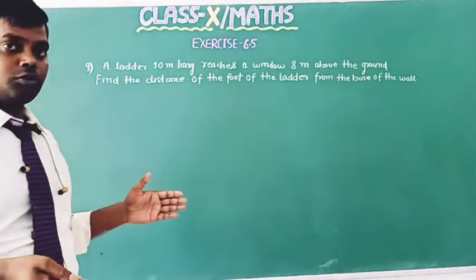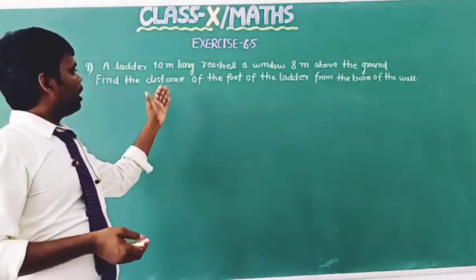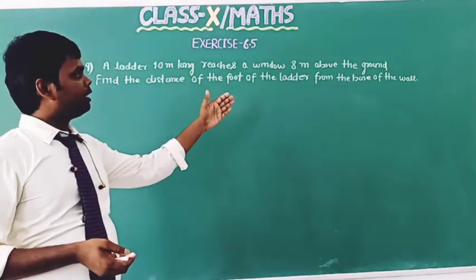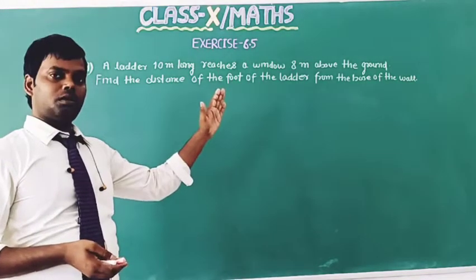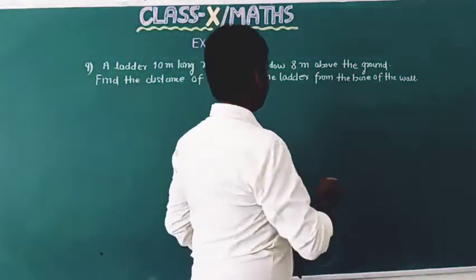Basically in this question we have to find the distance of the foot of the ladder from the base of the wall. So now let me draw the figure of this question.